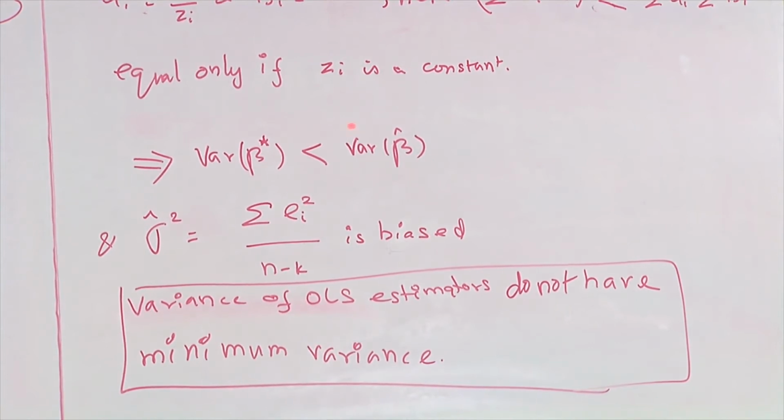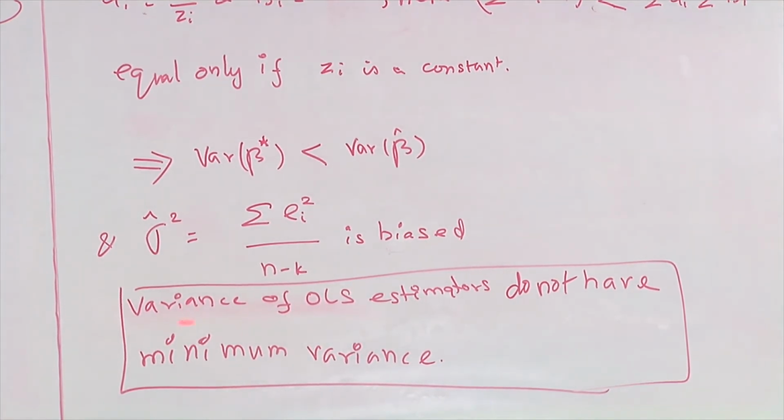So, now the variance of the OLS is not the minimum variance estimator. So, we can conclude that a more efficient estimator than beta hat is available, that is beta star. So, in the presence of the heteroscedasticity problem, the OLS estimators do not have the minimum variance.